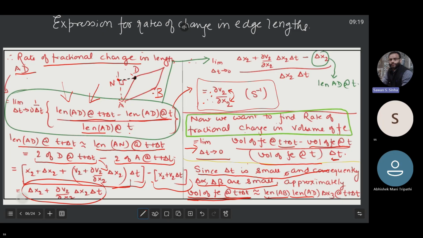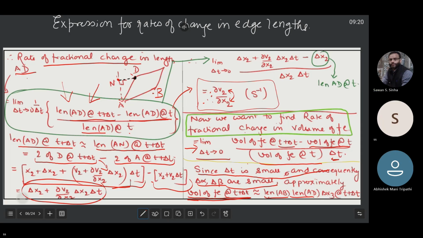But what we are saying is that the level of distortion is very small. Delta alpha, delta beta are all very small, and thus we will work with this approximation. That still the volume is simply the product of the lengths of the edges, but at time t plus delta t. The first order approximation. Make sense?